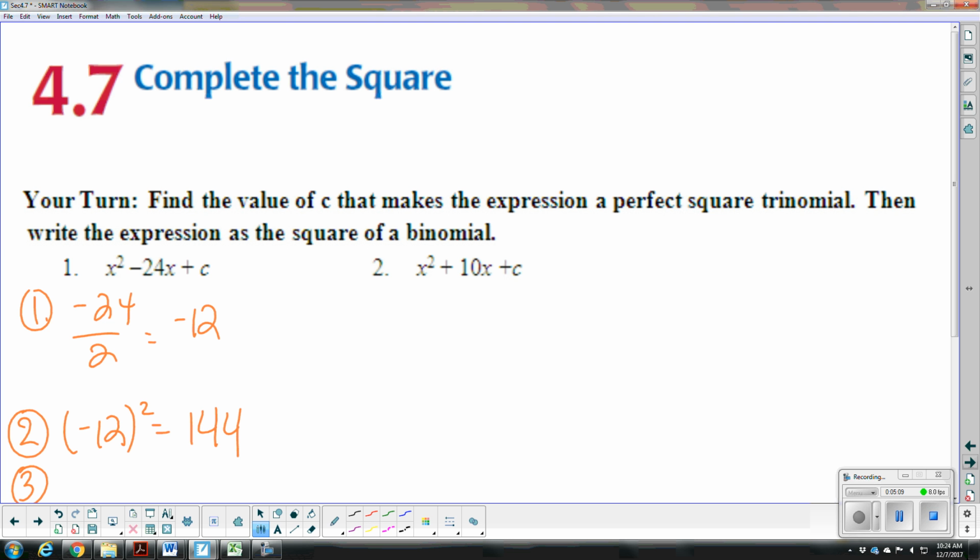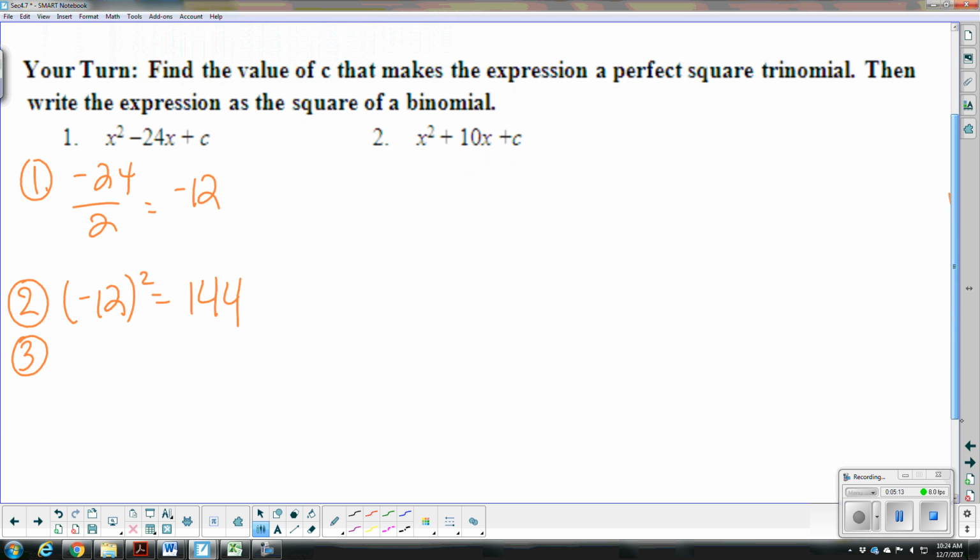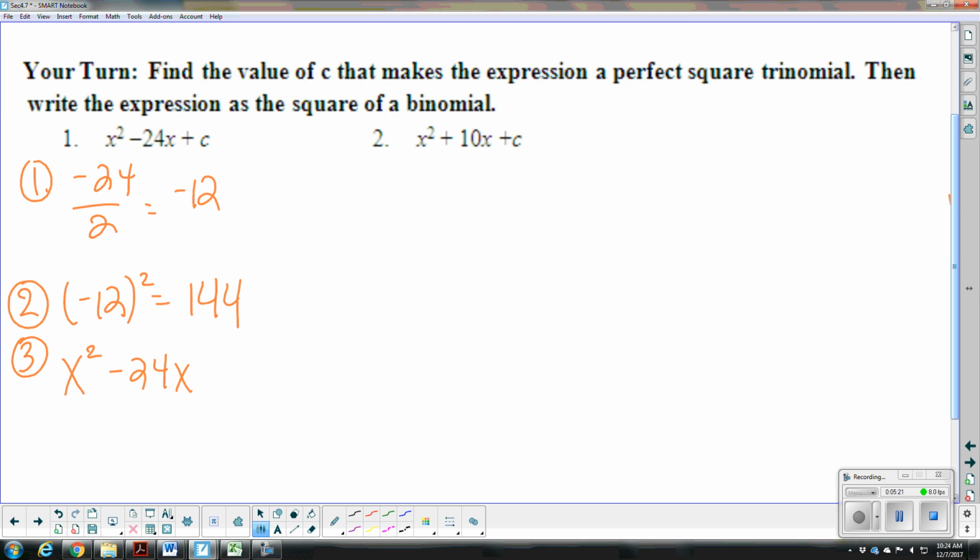And then our third step is to replace our c term with that 144. So we get x squared minus 24x plus 144. And then we can write that as a square of a binomial. So x minus 12 times x minus 12 equals x minus 12 squared.